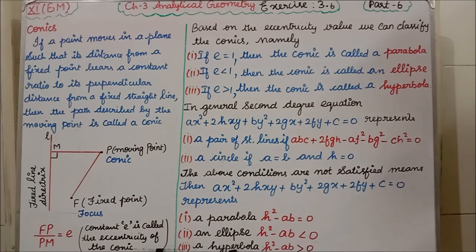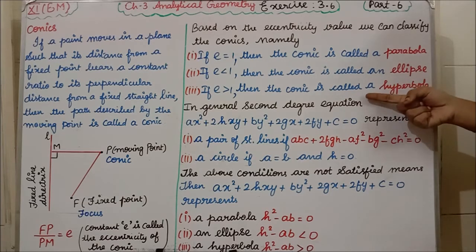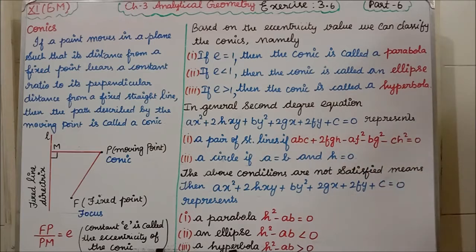Suppose it represents a circle. Where have we learnt the equation of the circle? Yes, in exercise 3.4 we learnt the equation of the circle, radius, center, everything. So if the second order degree equation is to represent a circle, what is the condition?